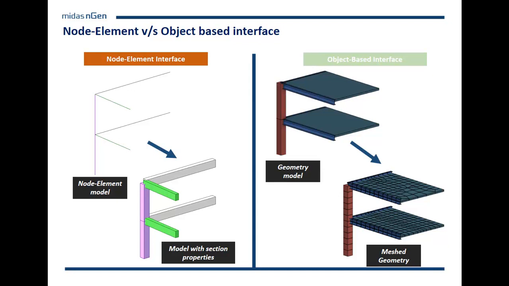But in the object-based software, we don't need to model any nodes or any elements. We directly model the geometry, we directly model the columns and the beams. And then the software analyzes this geometry based on the meshing of the geometry. So in the object-based platforms, we are not dealing with any nodes or any elements. The program will further create the finite element model based on the geometry that we input.